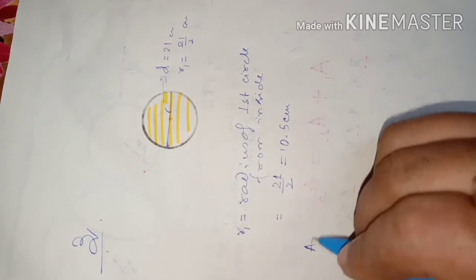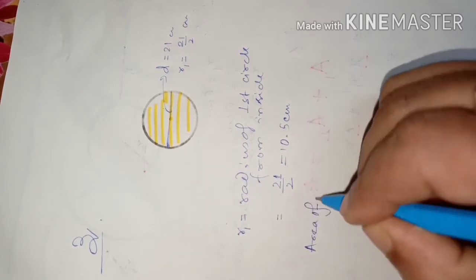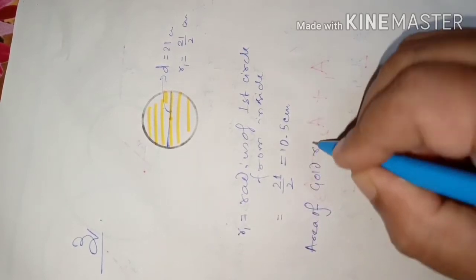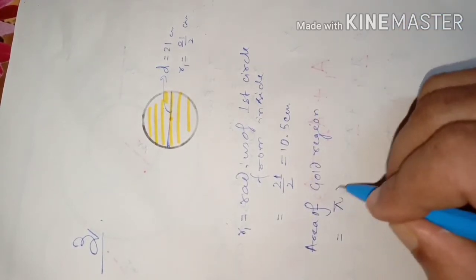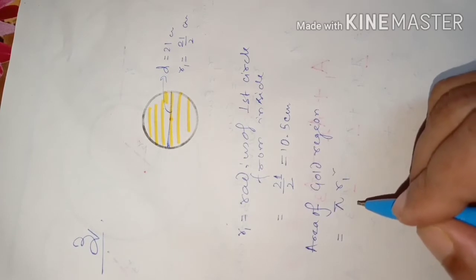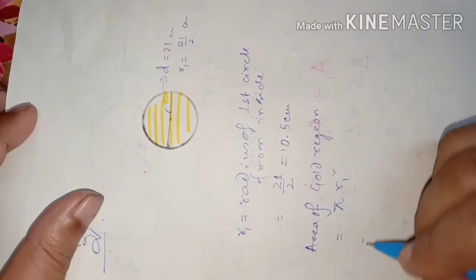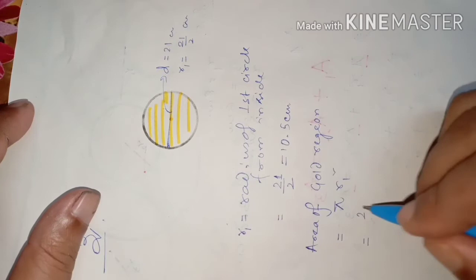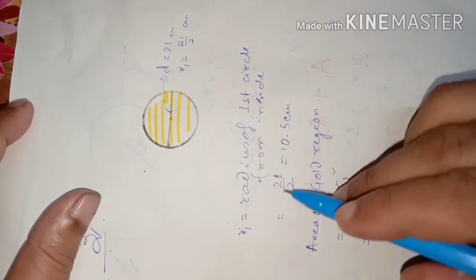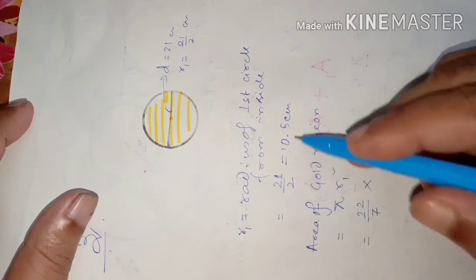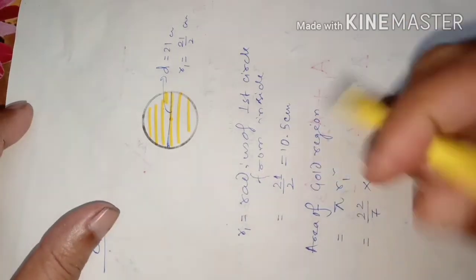Therefore, area of gold region will be equal to pi into r1 square. Now pi value is 22 by 7, it is given here. R1 is 10.5, or 21 by 2. Which one is convenient for you? Anyone can be used.